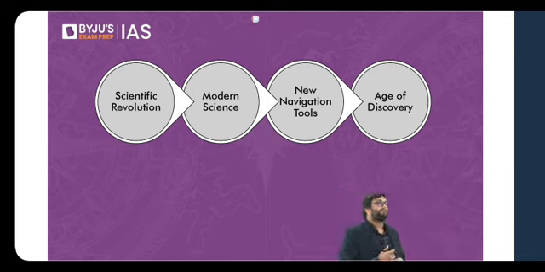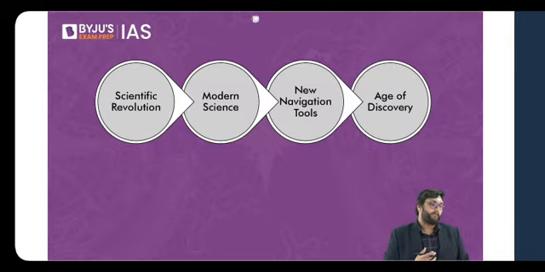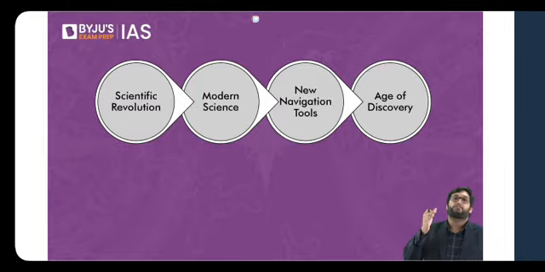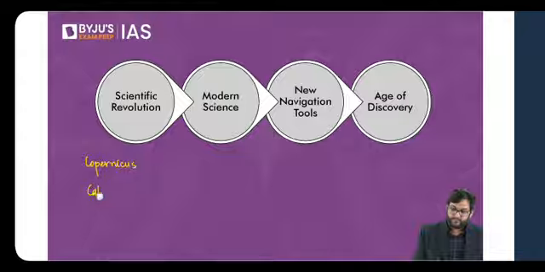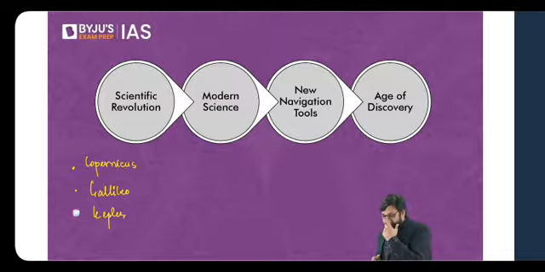And the first most important event is called the Scientific Revolution, which started with the discovery or the development because of three very important people: Copernicus, Galileo, and Kepler.